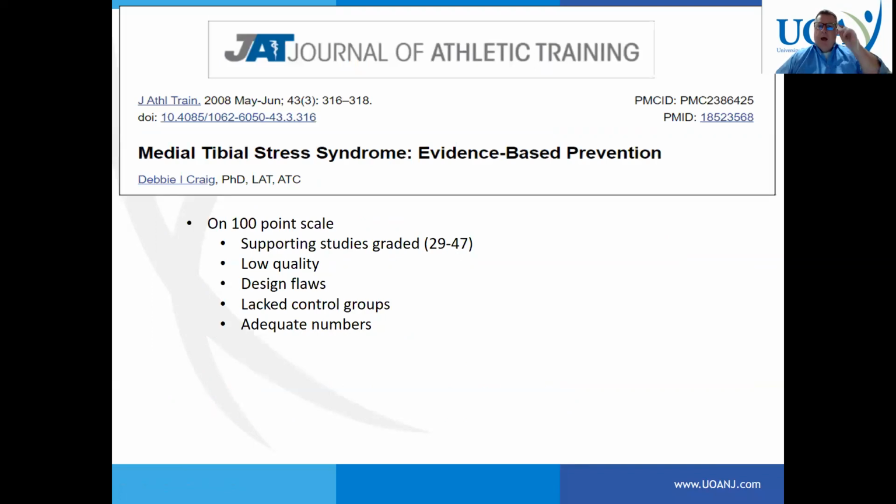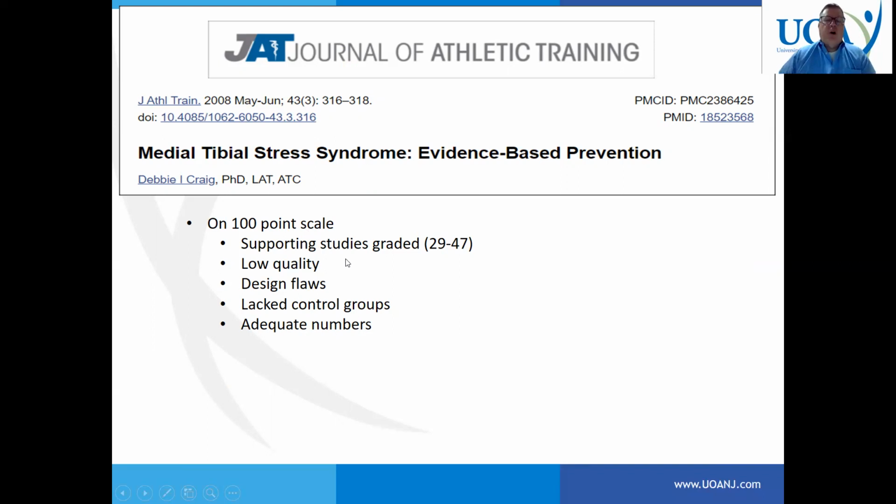Now, if you look at evidence-based prevention or interventions that may be used, I just pulled this one paper because I thought it was pretty good. There are a number of them that look at various variables that may be utilized to treat individuals after bone stress injuries. They found that the supporting studies graded out very low quality.